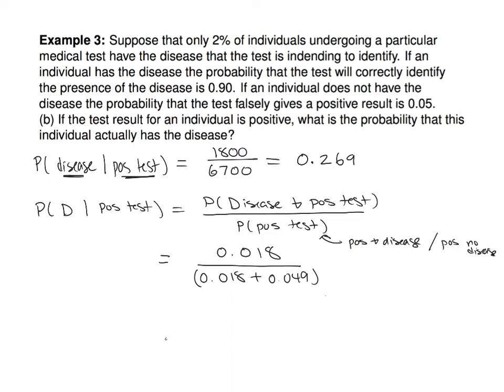So 0.018 divided by 0.018 plus 0.049 gives us the exact same thing, 0.269. So I do understand that for lots of you the tree is more intuitive, but this calculation, which is really the crux of why we do that, is less intuitive with the tree than with the table. But they're the same, so whichever you like better.